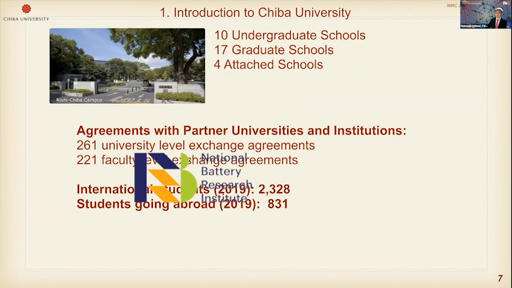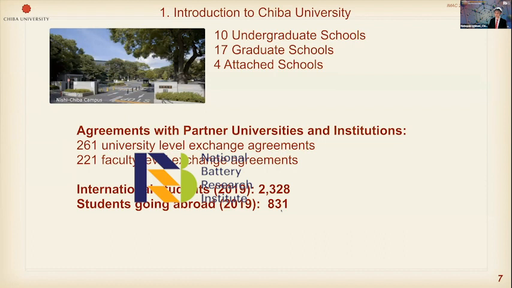And how about international students? About 2,300 students are here, and the language of one of the international students was, of course, English. And we wanted to send our students abroad. The number two years before going abroad was only 830. That is not international.